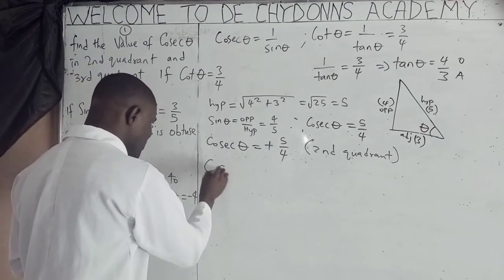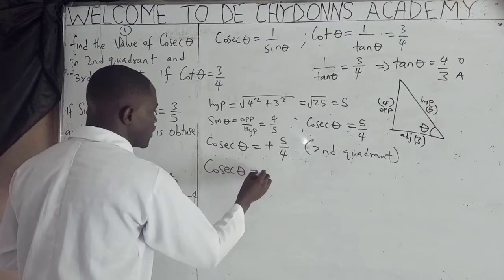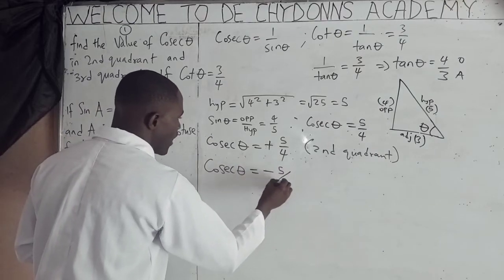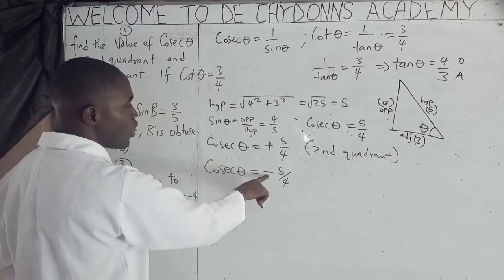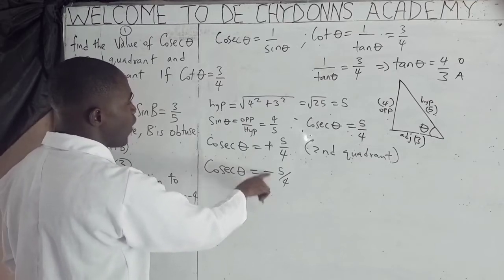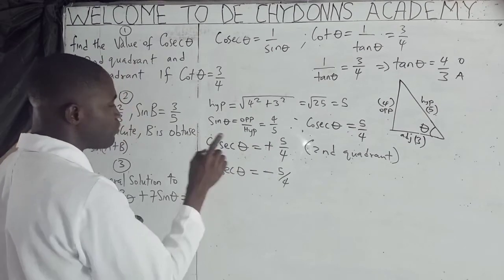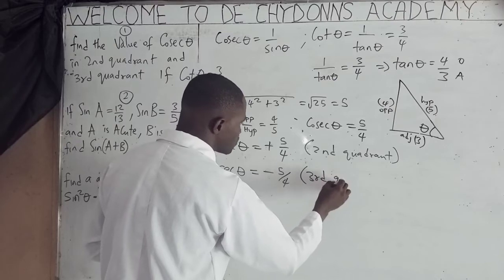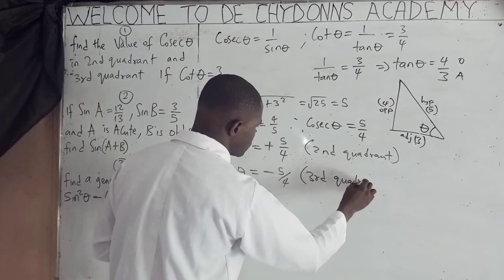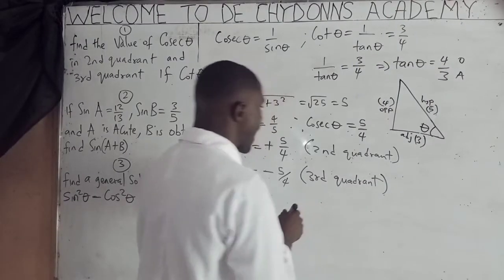So, because sine is negative, cosec theta, being the inverse of sine, will be negative 5/4. This negative says it is located in the third quadrant, while the positive says it is located in the second quadrant. So that is how to solve question number 1.